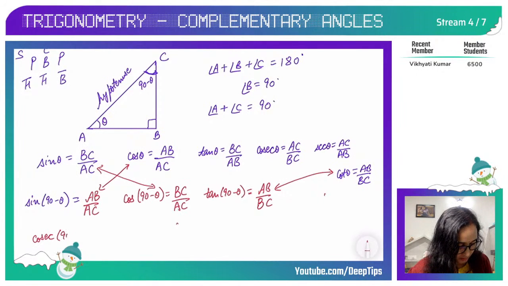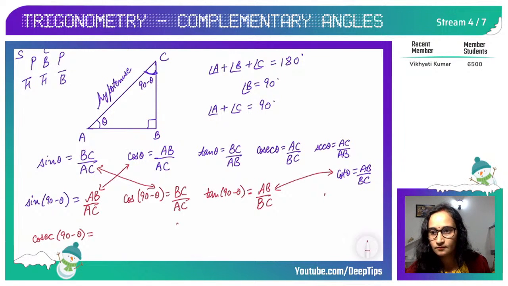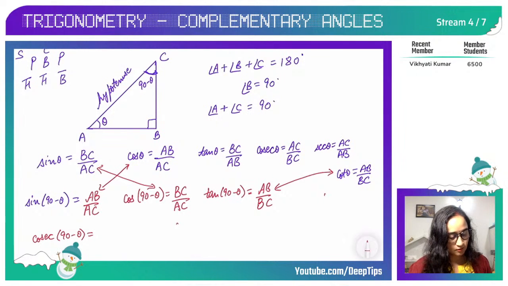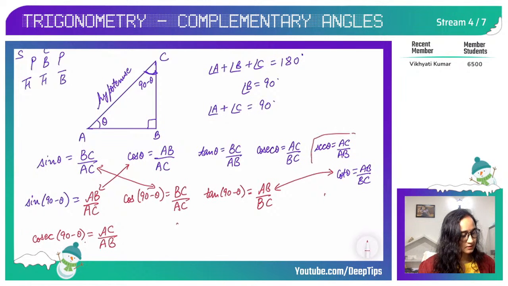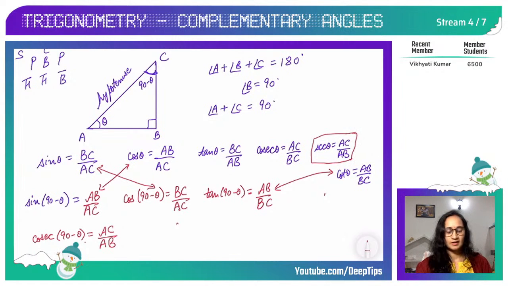So cosecant 90 minus theta will be the reciprocal of sine 90 minus theta. So cosecant 90 minus theta will be equal to AC upon AB, and you can see that cosecant 90 minus theta is the same as secant theta, right?